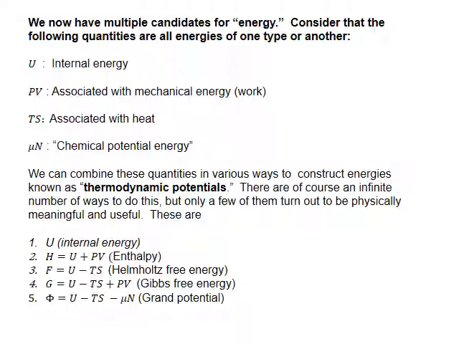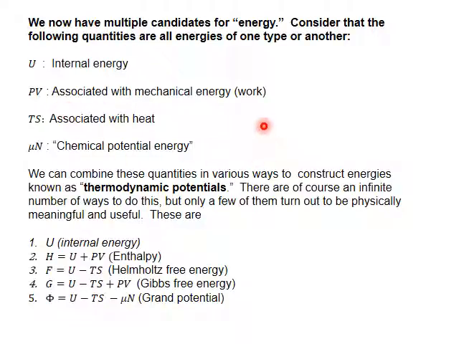And then finally, although it's going to have a somewhat lower profile, because for pretty much most of this chapter we're going to keep the number of particles fixed, we can vary the number of particles in a system, and that means there's this chemical potential energy, mu times N. Right? So in principle, I could try to define a new form of energy by taking any combination of these 4 quantities.